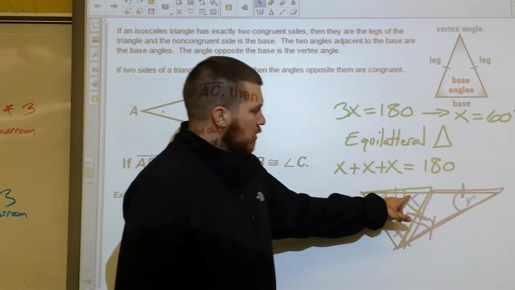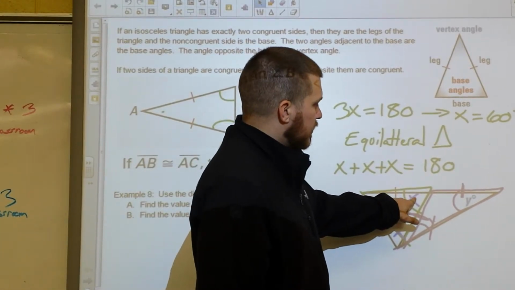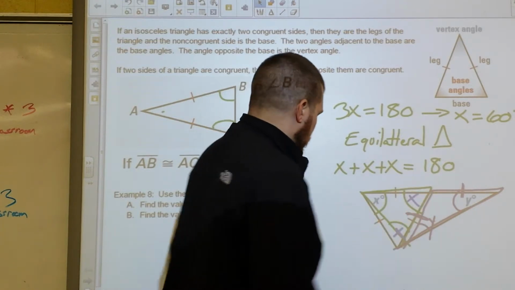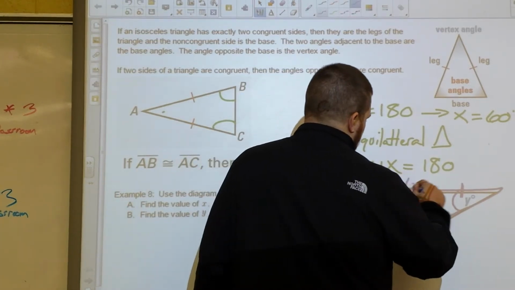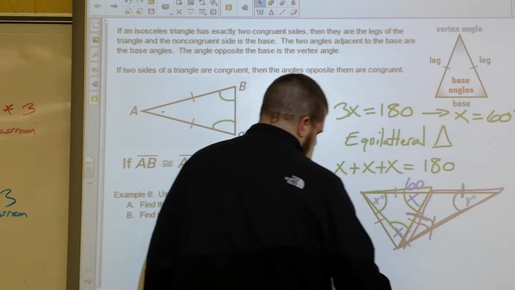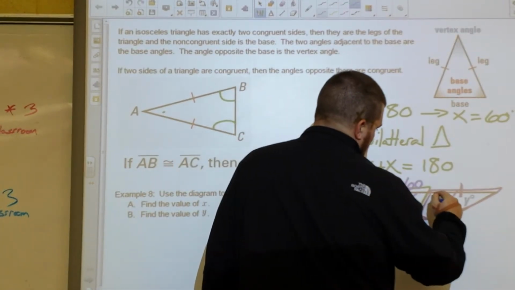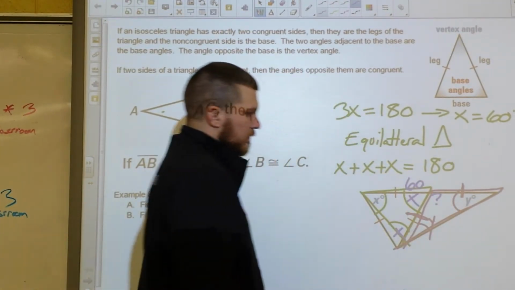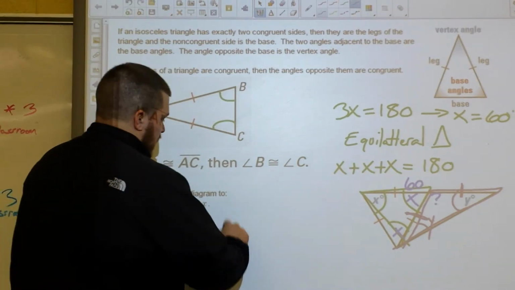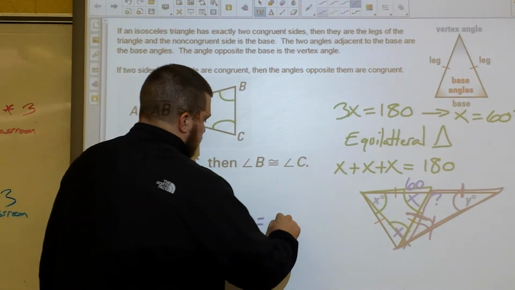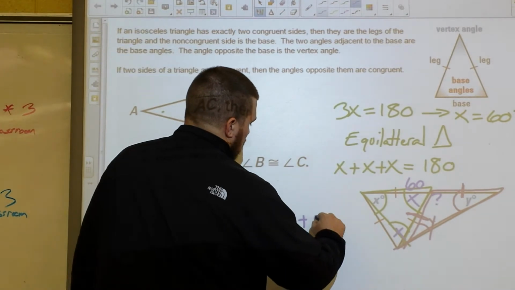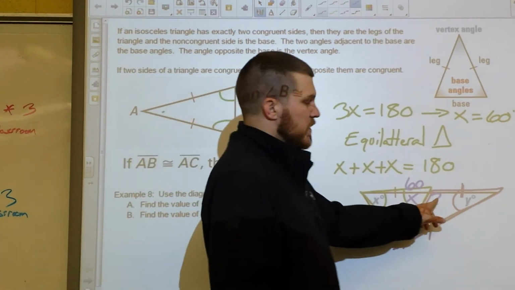Now looking at my total picture, we already know that x is 60 degrees and we have a straight line. So right here, this missing angle, which I'm just going to call question mark, we have 180, because it's a straight line, is equal to 60 plus whatever this mystery angle is.